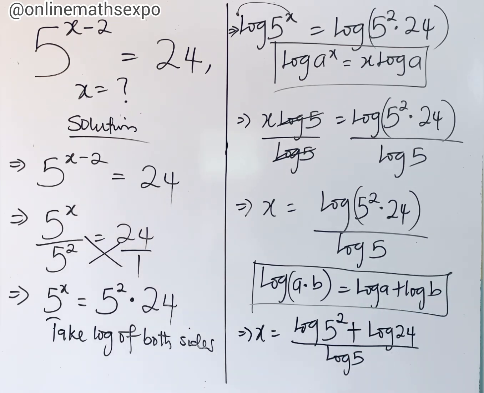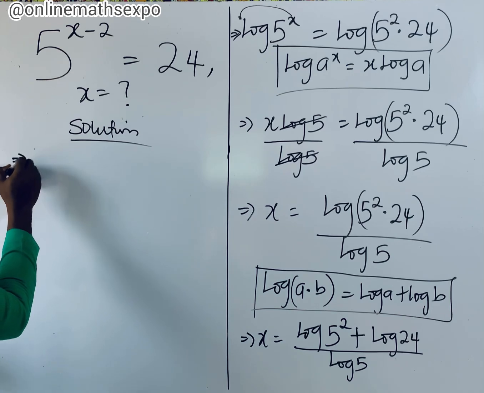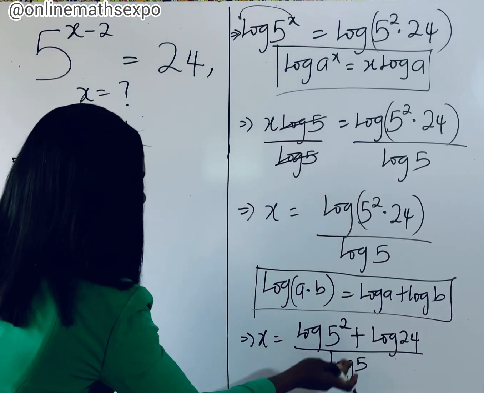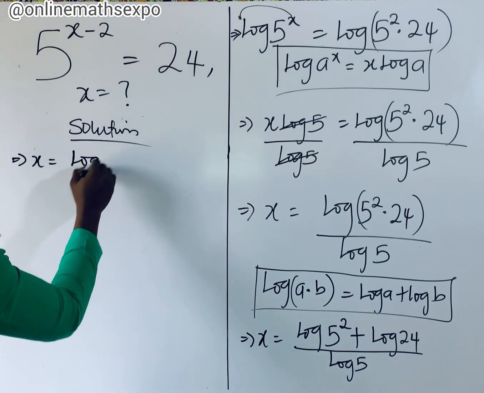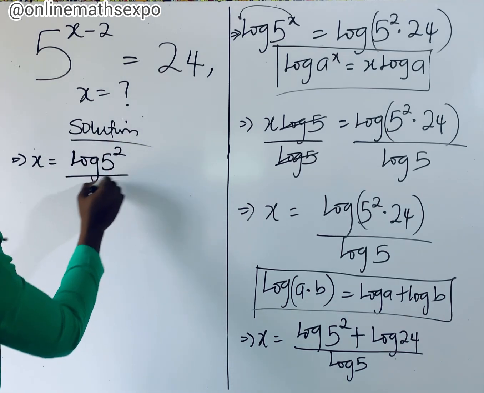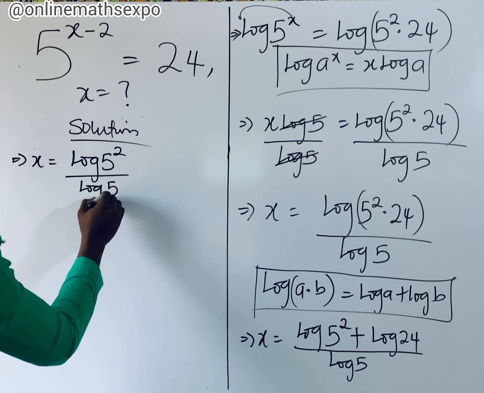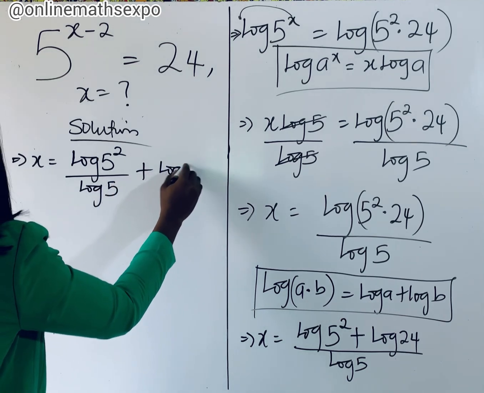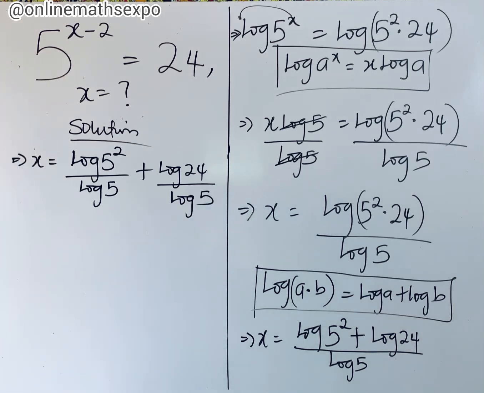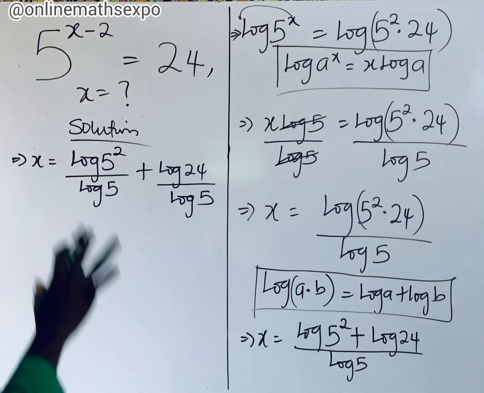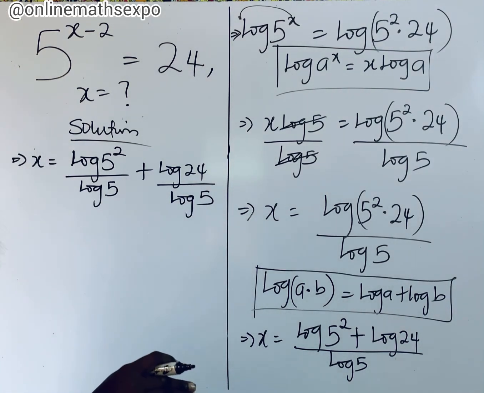Simplifying further, we are going to now have x is equal to, this can divide each of the numerators, okay? So we have log of 5 to the power of 2 divided by log of 5 plus log of 24 divided by log of 5. Now, what do you do next? We are simplifying, okay?